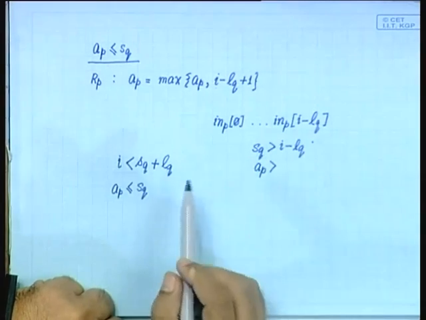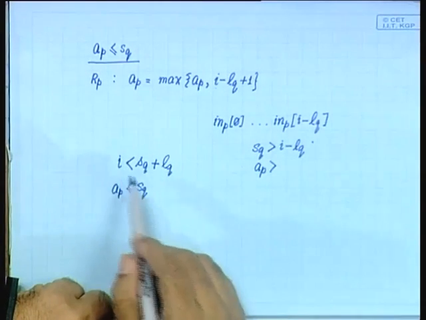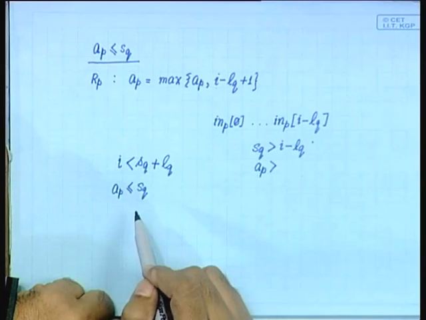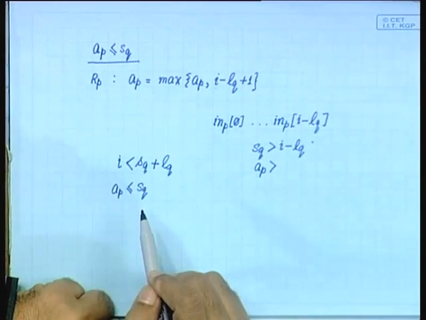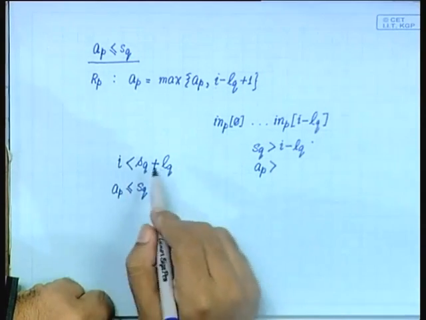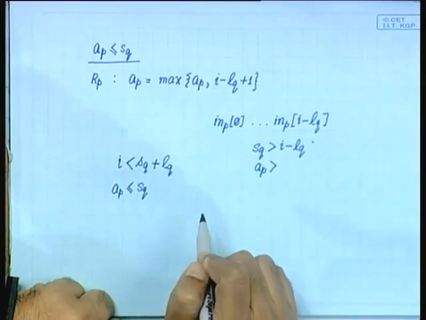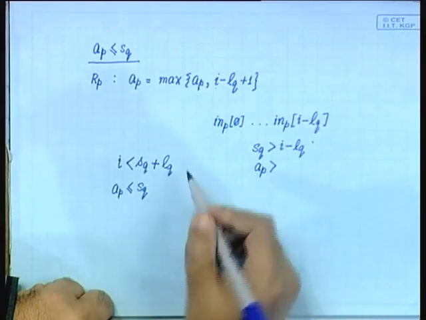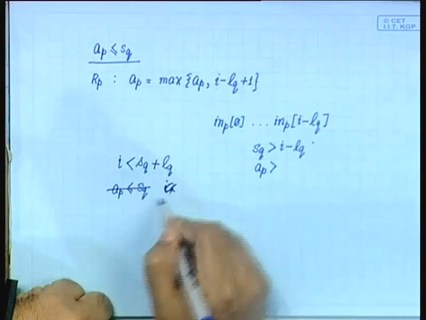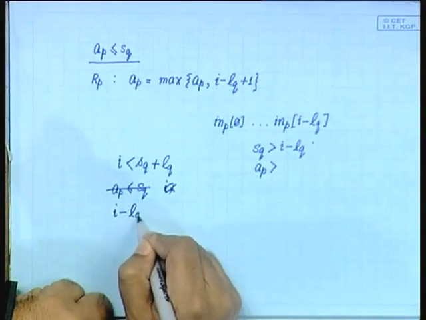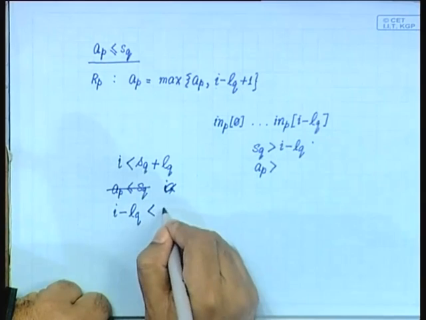If AP becomes I minus LQ plus 1, then that is going to be less than or equal to SQ, because I minus LQ is less than SQ.